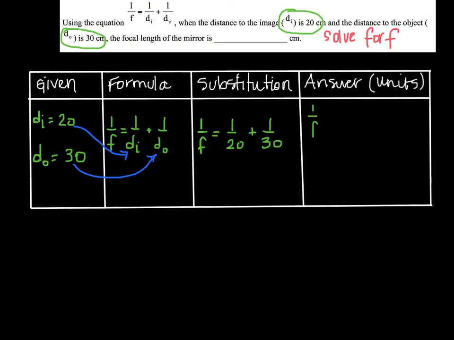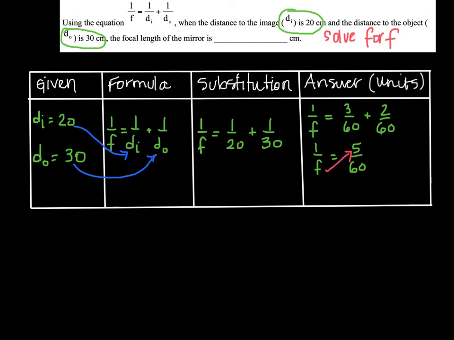1 over f equals 3 over 60 plus 2 over 60. So 1 over f equals 5 over 60. I don't like the fractions, so I'm going to cross multiply.